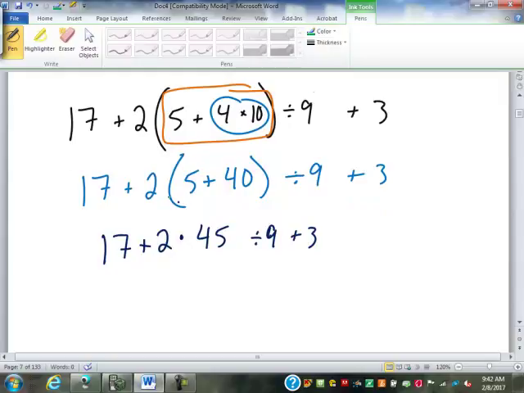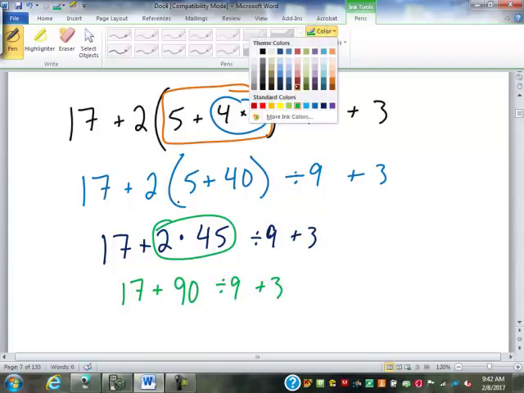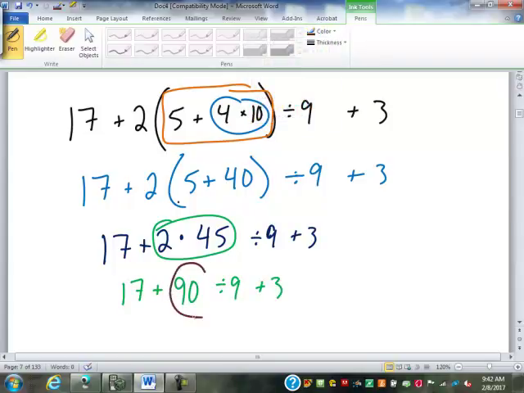Okay, now I've got rid of no more enclosing symbols, and there are no exponents. We do have to do multiplication, division, and we do have to go left to right. So we do run into the 2 times 45 first, which is 90. Then we do the 90 divided by 9, which is 10.